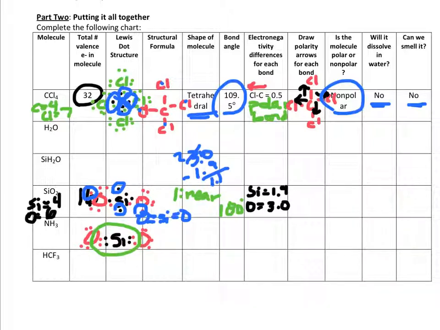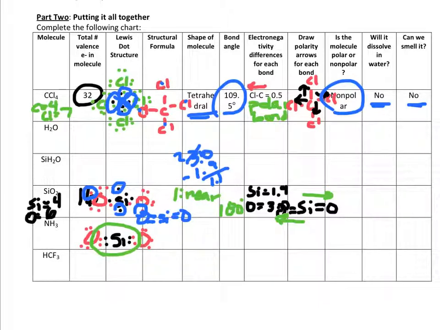That means that this bond between silicon and oxygen is a polar bond. If it is a polar bond, we have to draw the arrows. So let's draw our molecule here and draw our arrows. Who's pulling harder? Whoever has the biggest electronegativity, which is oxygen in this case. So we're going to put our arrows towards oxygen on both sides.